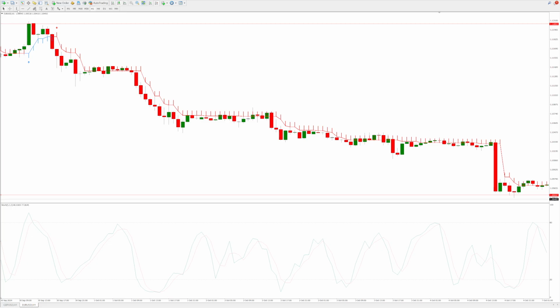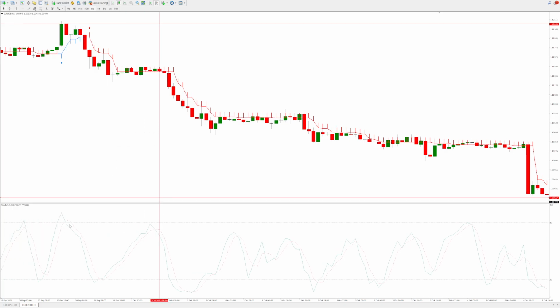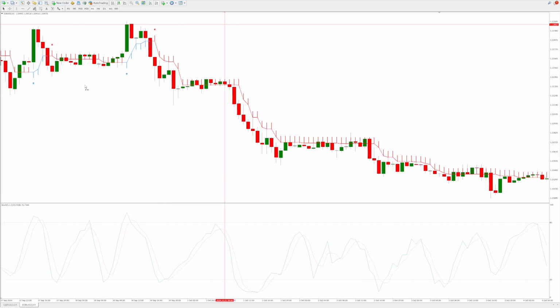I'm going to trade short, and I'm going to use, let's just say, the stochastic crossover. Basically, for sell trades with the stochastic, you want price to be in or around the extremely overbought zone, which is 80 and above, and for the main line to be crossing the signal line in a downwards direction, which, that's a crossover there, which coincided nicely with our breakout that we were looking at just now.